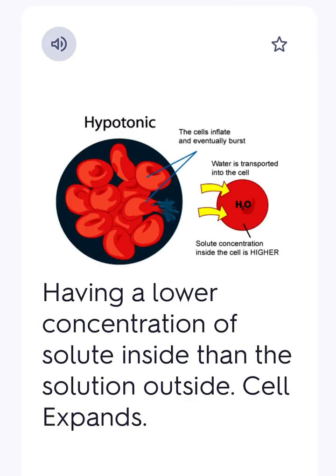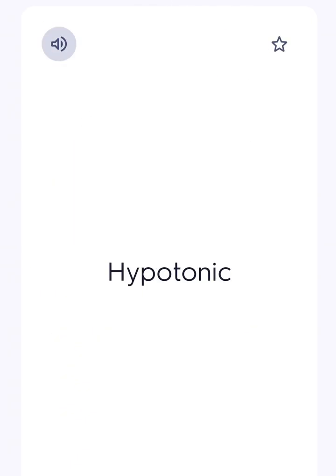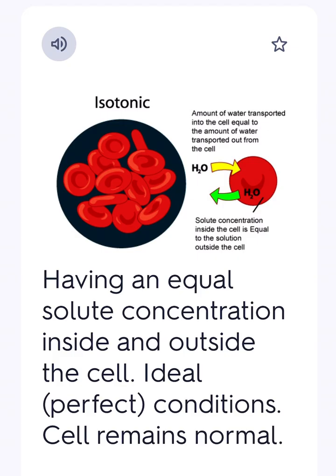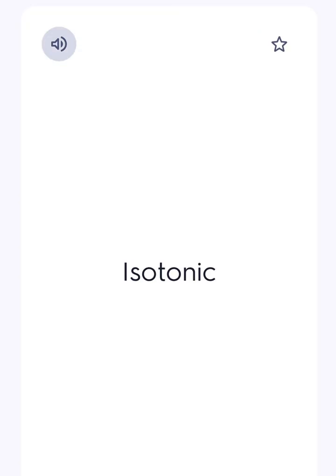Having a lower concentration of solute inside than the solution outside. Cell expands. Hypotonic. Having an equal solute concentration inside and outside the cell. Ideal conditions. Cell remains normal. Isotonic.